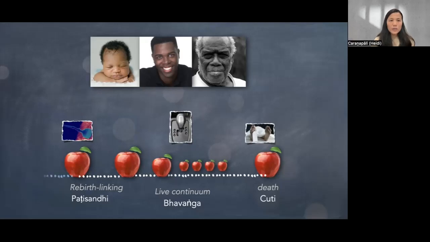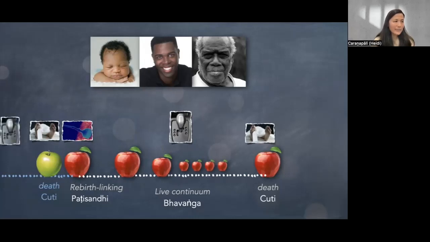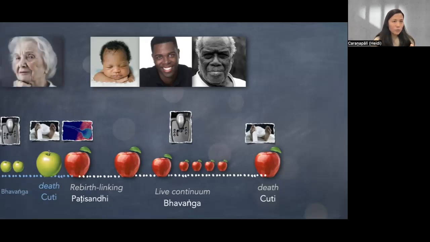So before that, his last cuti citta is a different citta, and the bhavanga of the past life is also different. Maybe last life he was this lady. So these bhavanga cittas come from the last life of this lady, right?